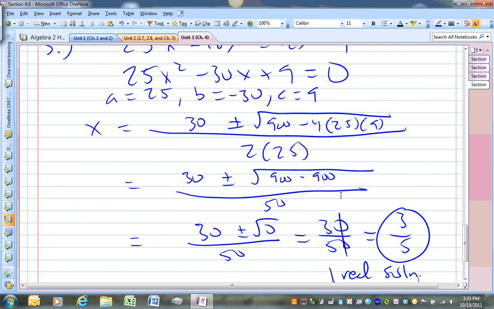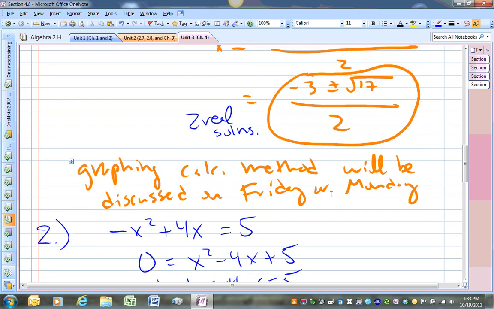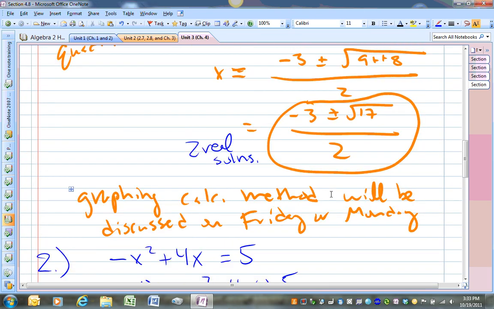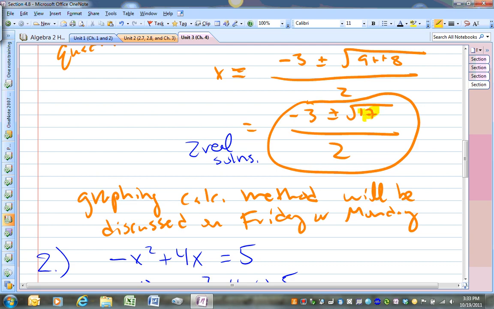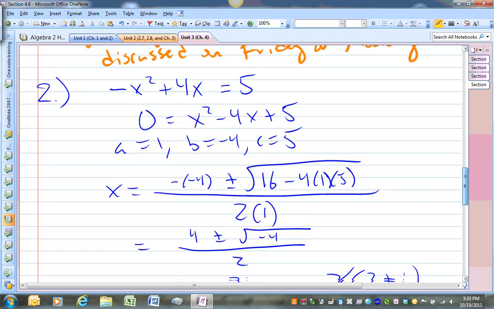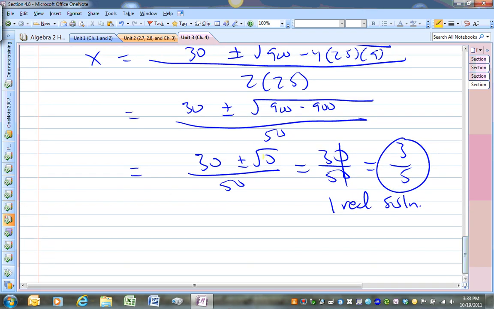So looking at the three examples we did, we have two real solutions, two imaginary solutions, and one real solution. What do you notice is different with all of these three? Well, what's different is that that was positive, that was negative, and that was 0.